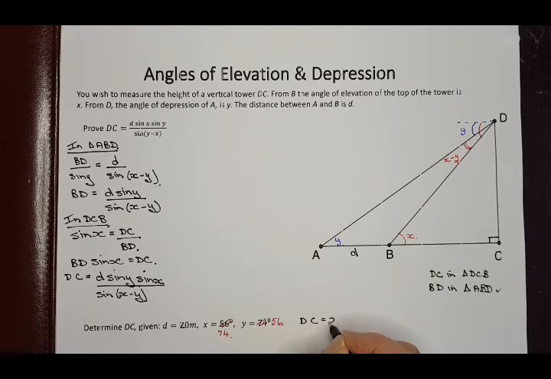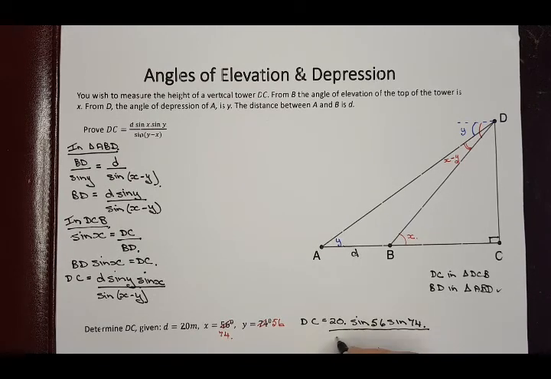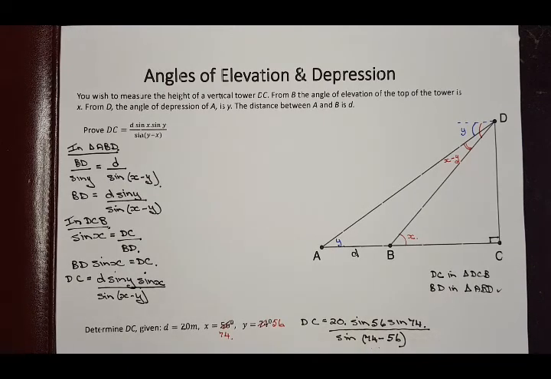DC would equal 20 multiplied by sine of my y value multiplied by sine of my x value all over sine of my x value minus my y value.